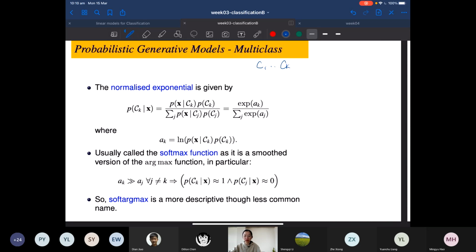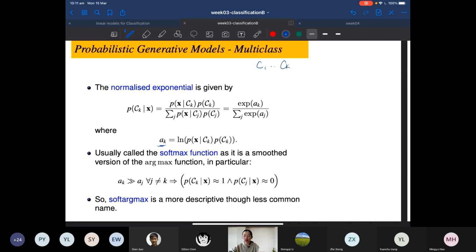Then we can essentially rewrite the posterior in the following way. It's basically a ratio of the exponential of this quantity A of k over the similar exponentials for all classes. That's the normalizer.